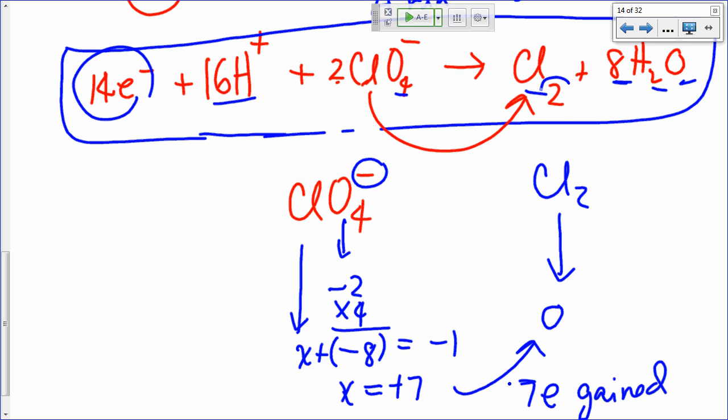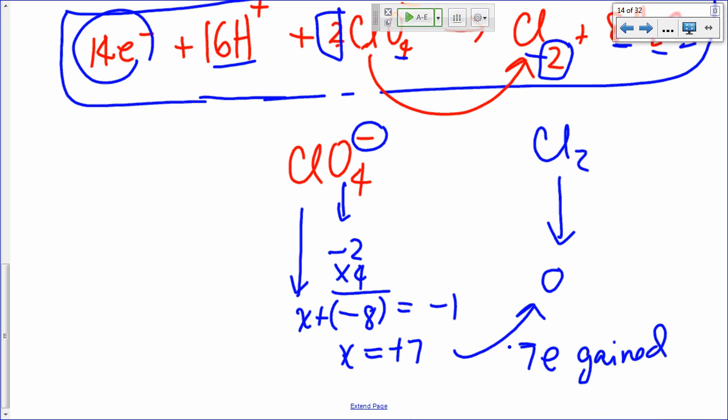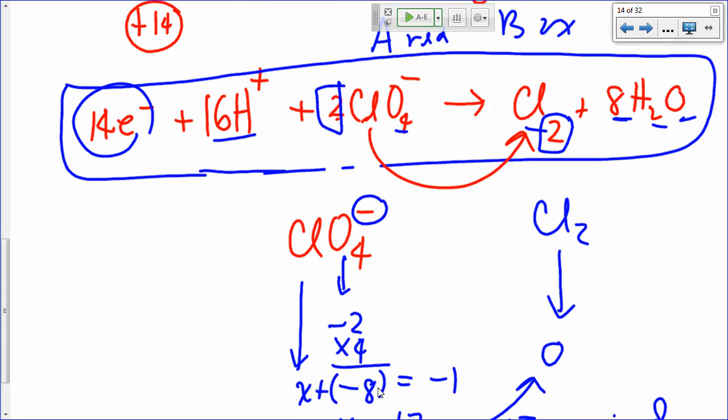Yes, because there's 2 chlorines in this half reaction. So 7 electrons gained, that's per chlorine, okay? For every chlorine. And since you have 2 chlorines in this half reaction, then that should involve 14 electrons gained. Okay, so that's how you do it.